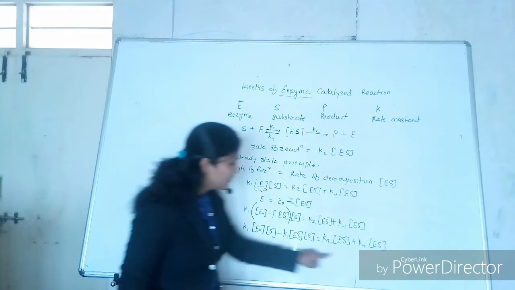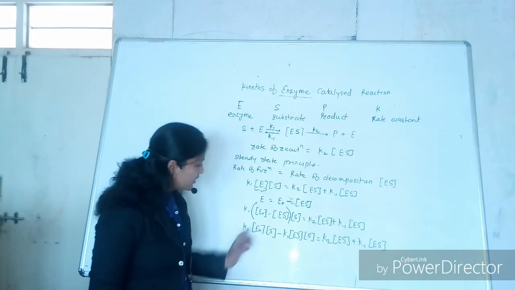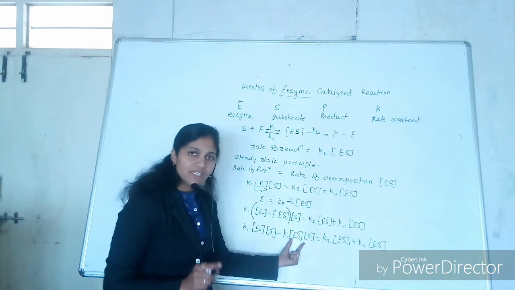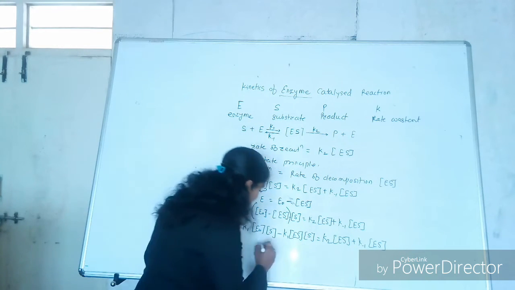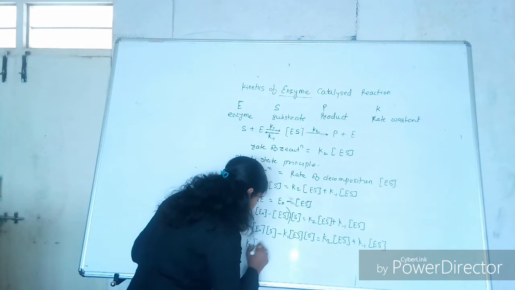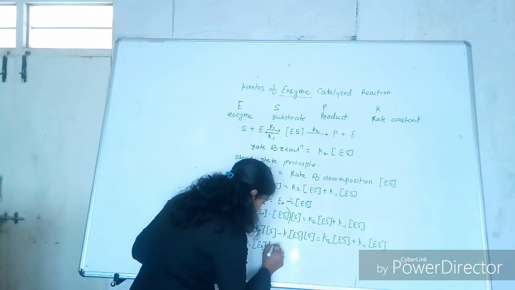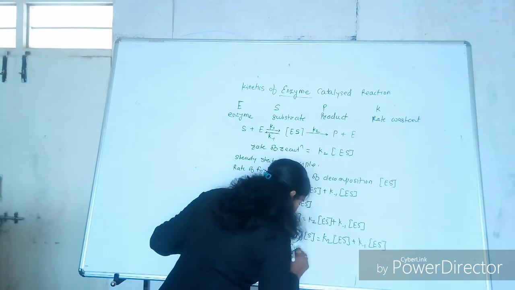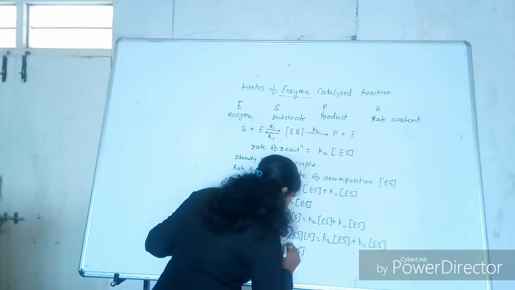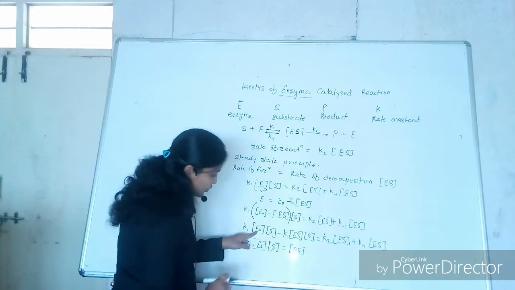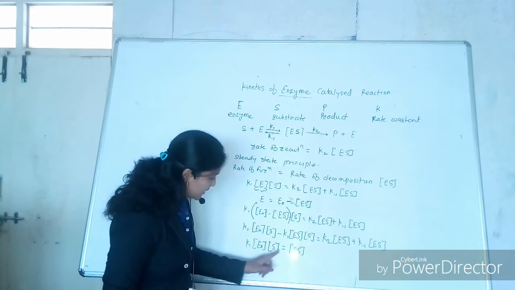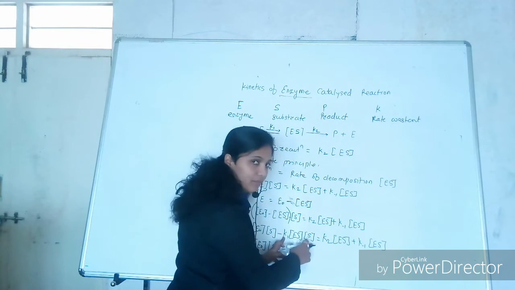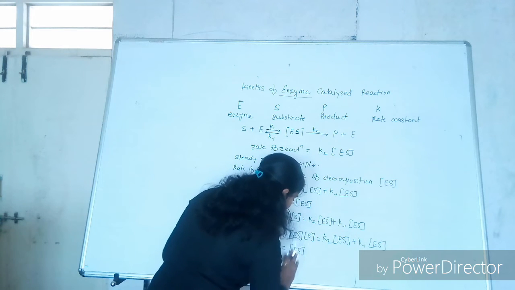Okay, now observe this relation. In this relation there are three terms in which the concentration of Es is common. So we can rearrange this relation, as we can calculate the concentration of enzyme substrate complex. So K1 into E0 into the concentration of S is equal to, I will move this term to the other side of the relation.